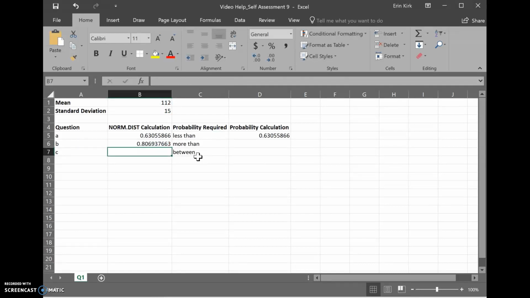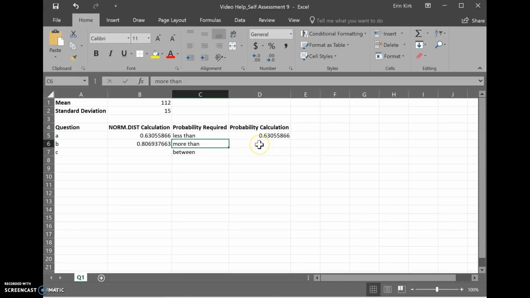But remember, what the NORM.DIST function does is it returns the probability of being less than or equal to that data point. So in this case, what this value is, 0.806, is the probability that an infant weighs less than 125 ounces at birth. But our question asks, what is the probability that a randomly selected infant weighs more than 125 ounces at birth?